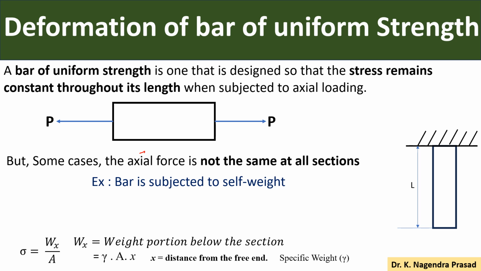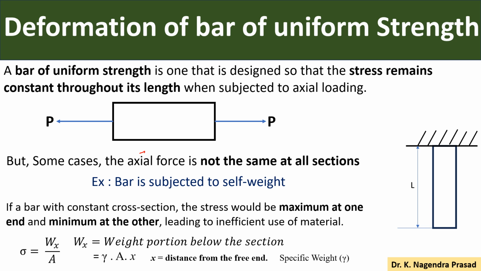Here, weight Wx depends on the portion of the bar from the free end. So, stress is maximum at the top portion and minimum at the lower end portion of the bar.